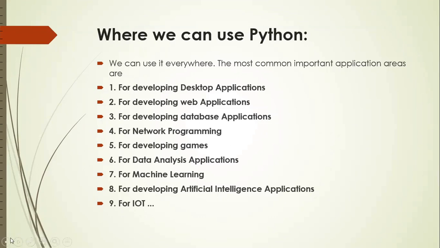I will show you after this demo. So these are the most common areas: desktop applications, web applications, database applications, developing games, and artificial intelligence and machine learning. So here we are using Python.